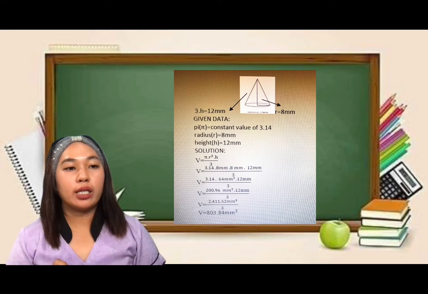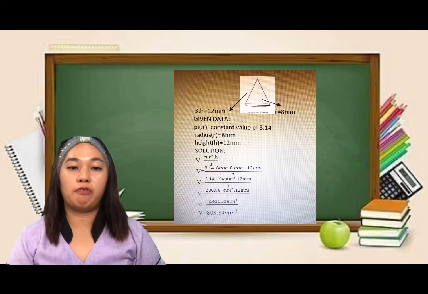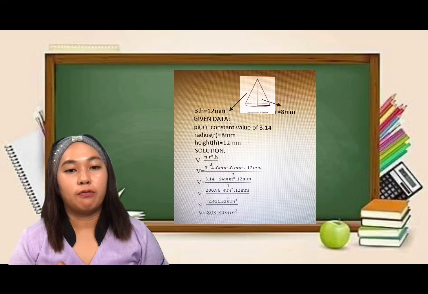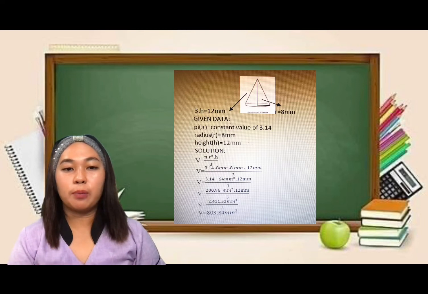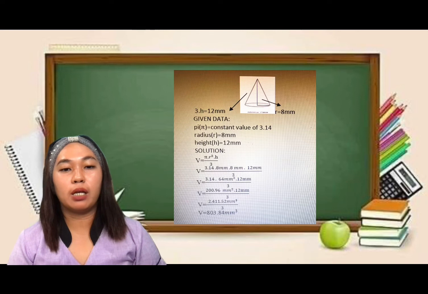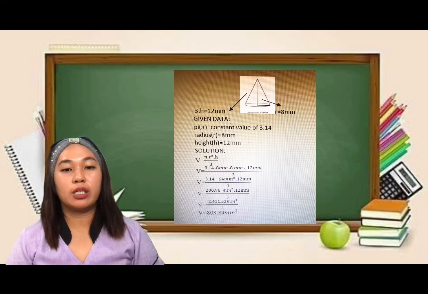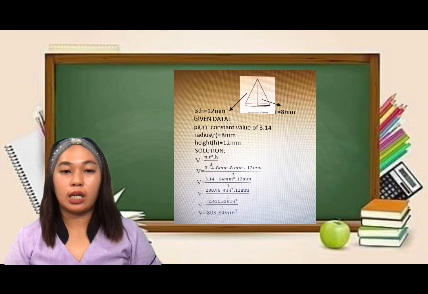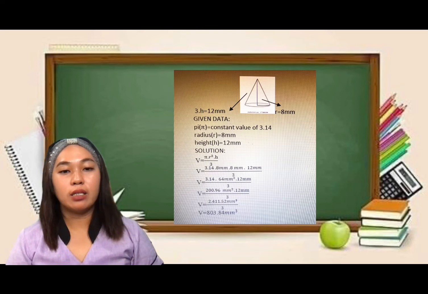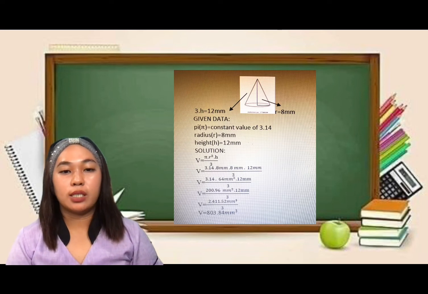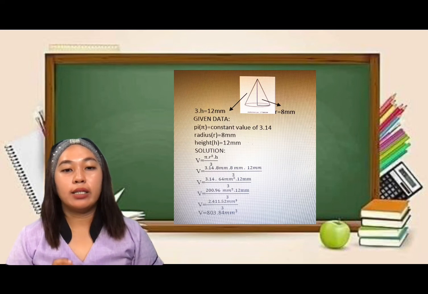Then, we need to solve the volume of a cone, which is 3.14 times 8 millimeters times 8 millimeters times 12 millimeters divided by 3. Again, we multiply the radius squared, 8 millimeters and 8 millimeters.